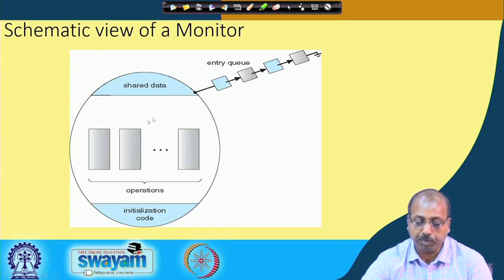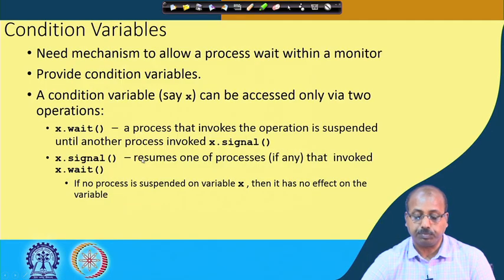One process which is inside may be executing this code, and after finishing, when it goes out, it may see that some condition has become true. So it wants to invoke a process which was waiting for that particular condition variable. It will take that process and make it enter. That way this whole thing is implemented.